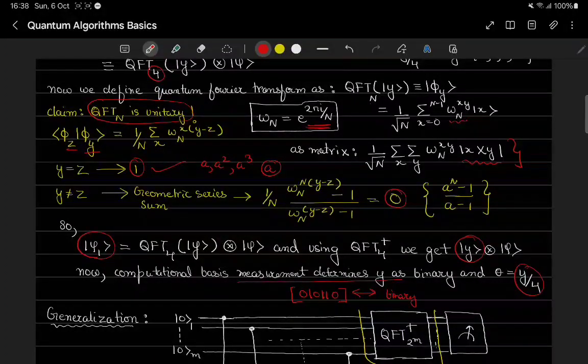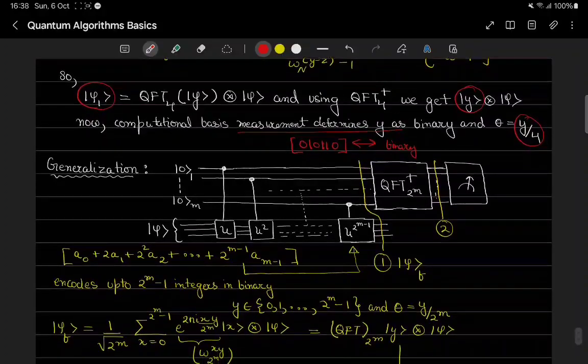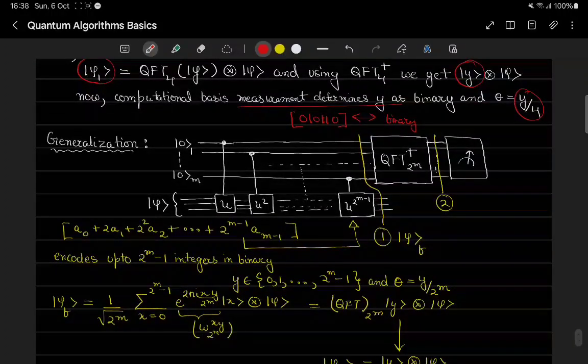So now we can generalize this circuit to talk about any phase estimation problem. Suppose we have m qubits, and theta is of the form y over 2 power m, such that y goes from 0, 1 up till 2 power m minus 1. Then you have these many integers that you want to code in the binary form.